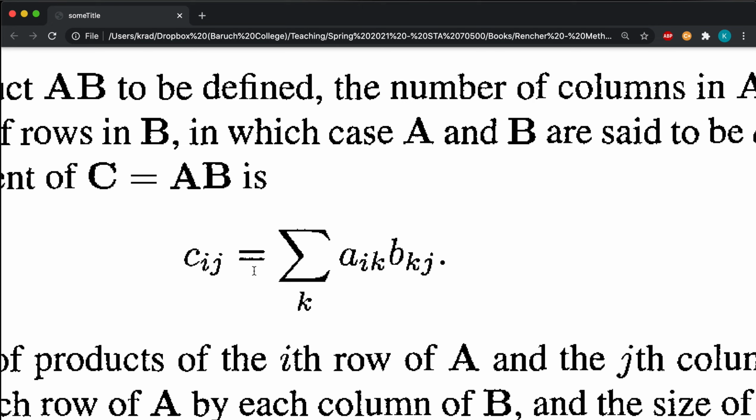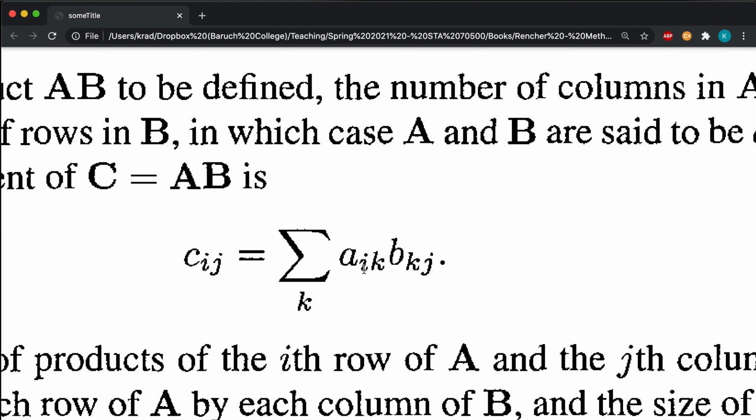You take the ith row of A, entries A_ik, where k goes from 1 to 2 to 3 up to as many columns as we have.